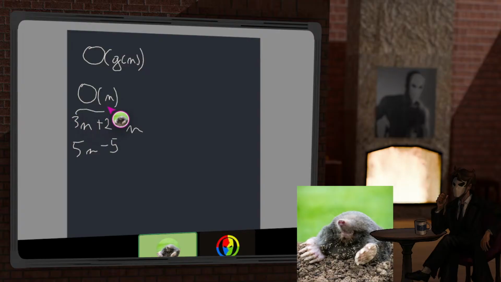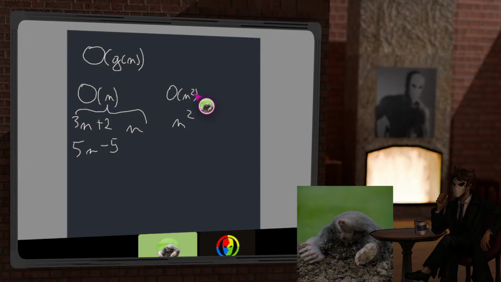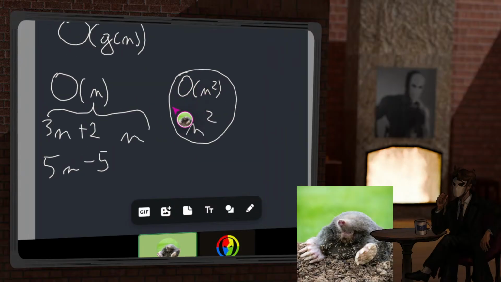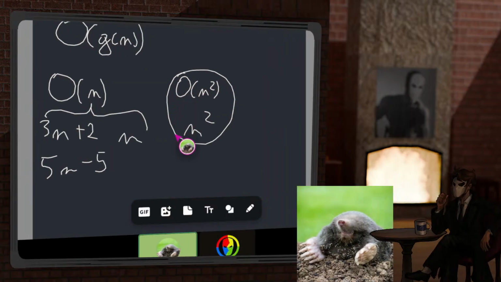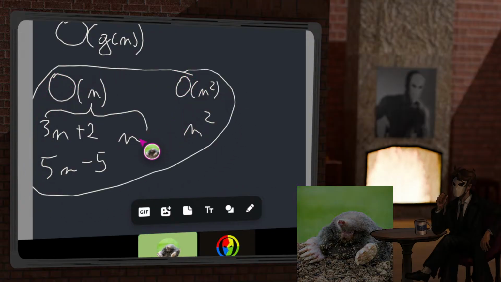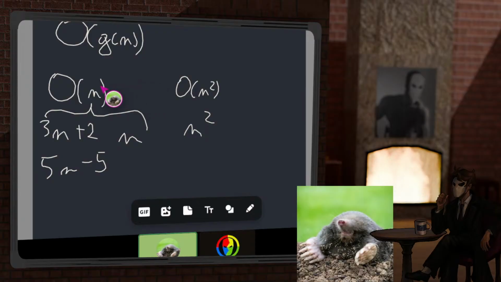All that is in O of n. But, for example, n squared is not in O of n. It is in O of n squared, for example. O of n squared doesn't contain just the functions in n squared, it also contains everything that is below it. That is to say that O of n is a subset of O of n squared.